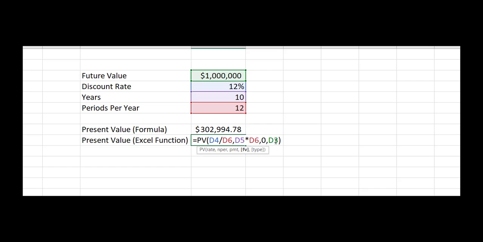I'll put my negative sign in front of the D3, which points to my $1 million future value, and I press enter. And there we go. $302,994 is worth the same thing as $1 million 10 years from now with this discount rate. And that is the basics of how you would use Microsoft Excel to calculate the present value of some future sum of money.